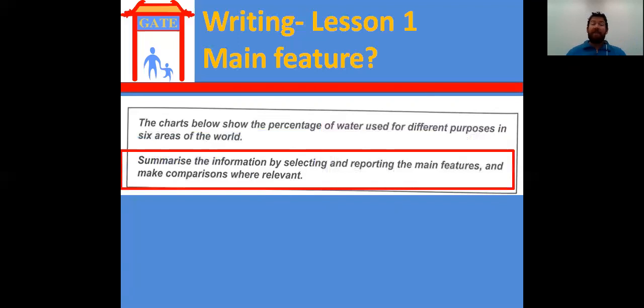You will see the basic sentence about the graph. Then you will see this sentence: Summarize the information by selecting and reporting the main features and make comparisons where relevant. So this phrase, main feature, has nothing to do with my idea. That is taken from the question.